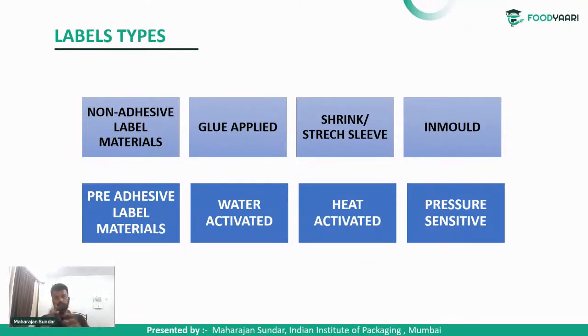Then there is the shrink or stretch sleeve. Shrink or stretch sleeves are in increasing usage, because manufacturers tend to use them. We will see a small gif of it in an upcoming slide.